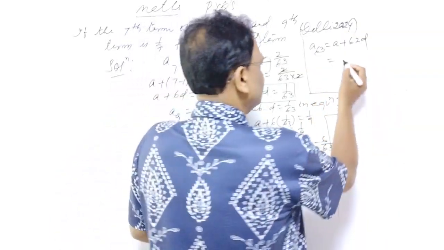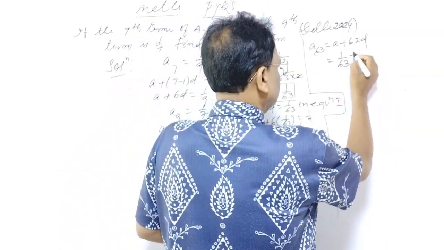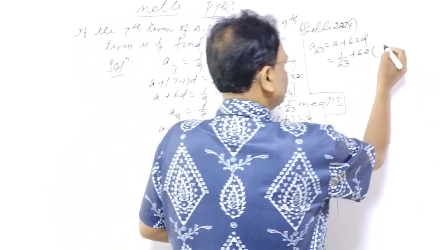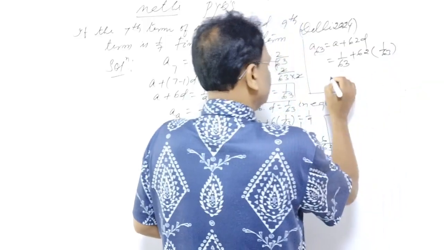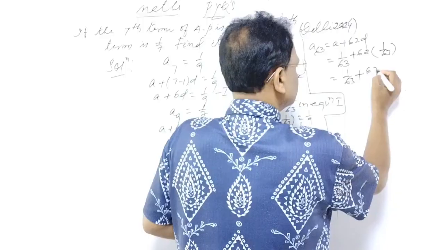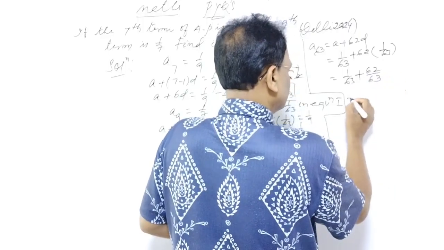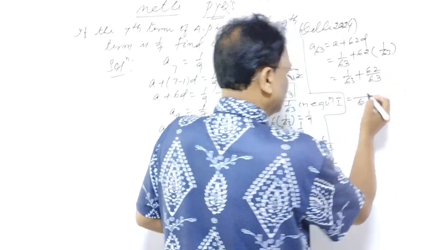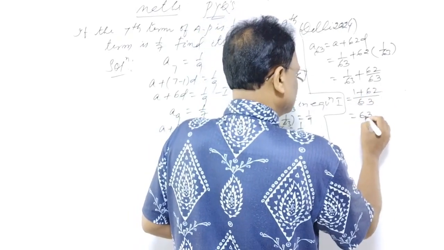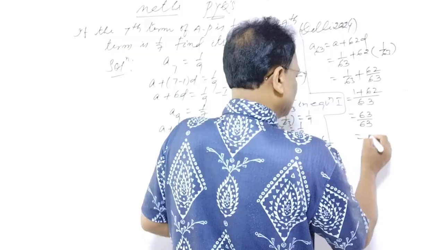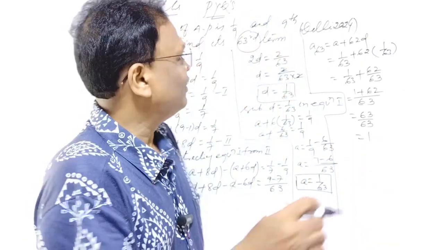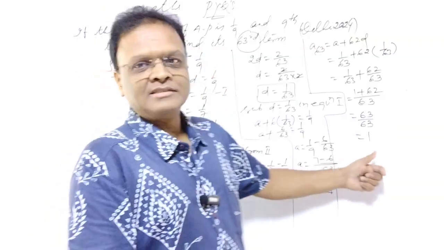A is 1 by 63 plus 62 into D, which is again 1 by 63. So 1 by 63 plus 62 by 63. If I simplify, I get 1 plus 62, which is 63, divided by 63 gets cancelled. Therefore my 63rd term is exactly 1.